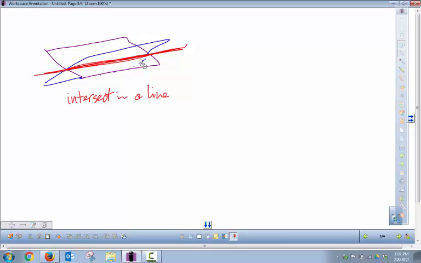And just by thinking about it, trying to visualize it, it seems like it would intersect in a line. And that kind of makes sense. So I think an interesting thing for us to find is what the equation of that line is. Along the way, we'll see a couple of other interesting things to pick up. And so that's what we'll do.